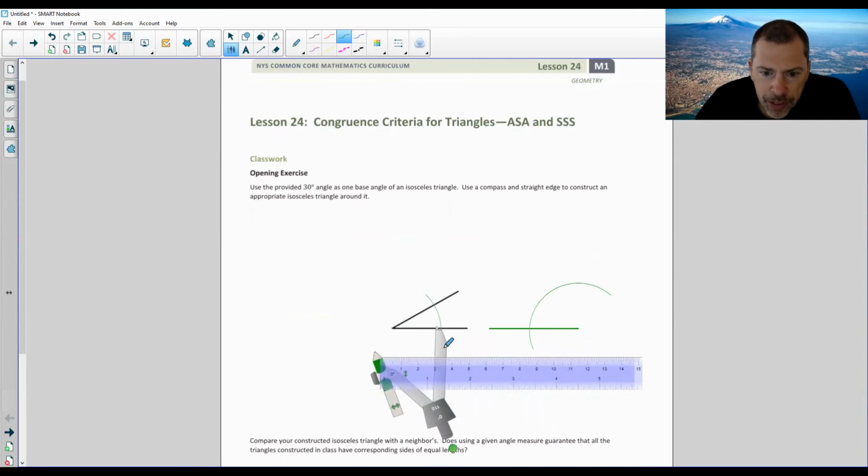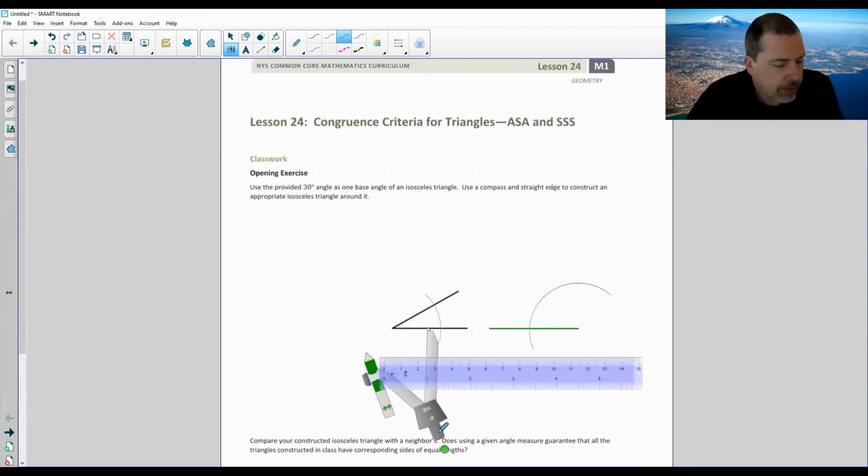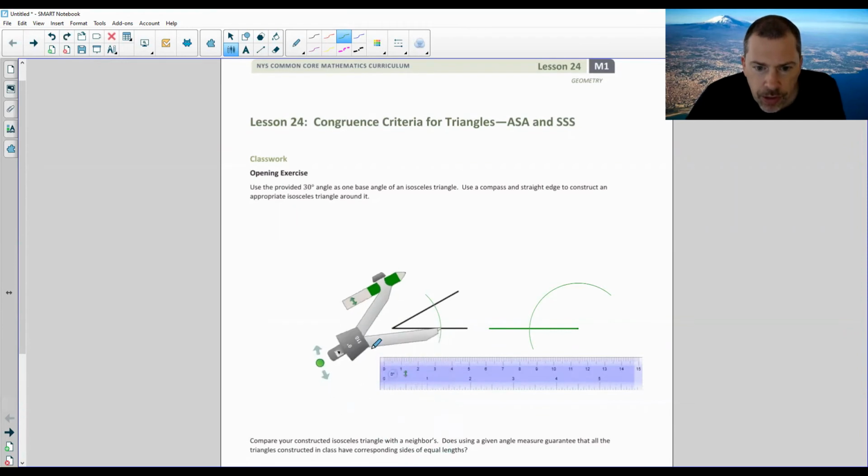Then I'm going to take my compass and put it right on the intersection of the arc and the ray, and rotate this around. And then I'm going to close it so it's at the desired width.